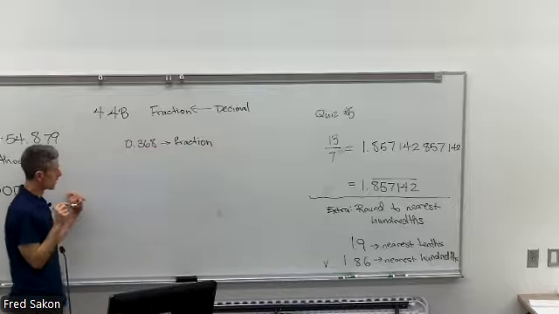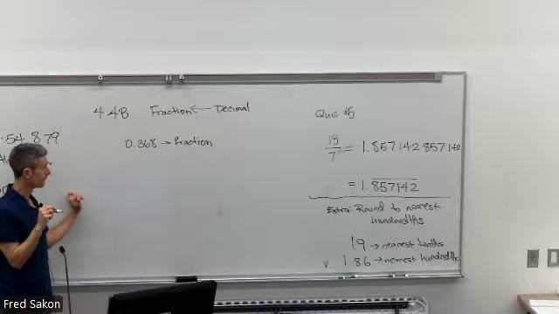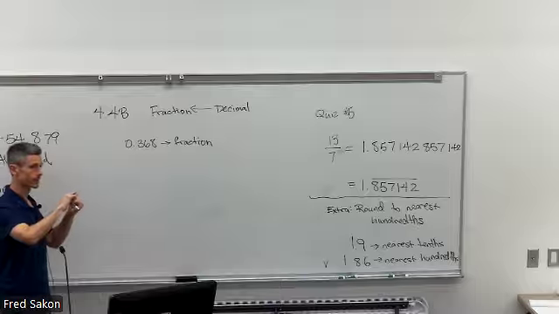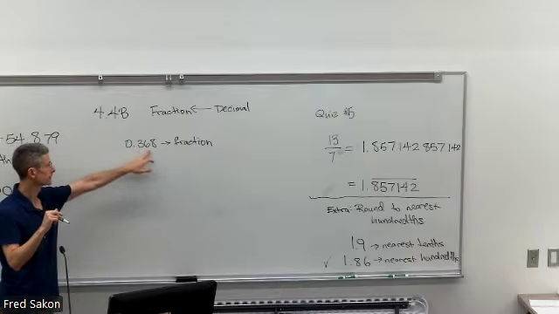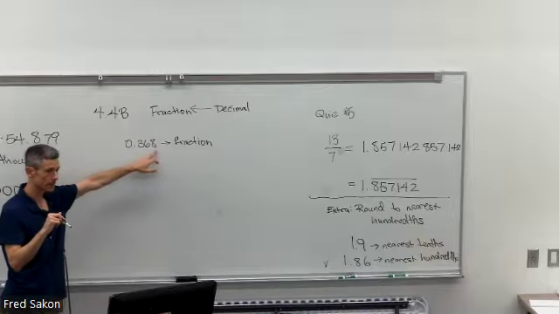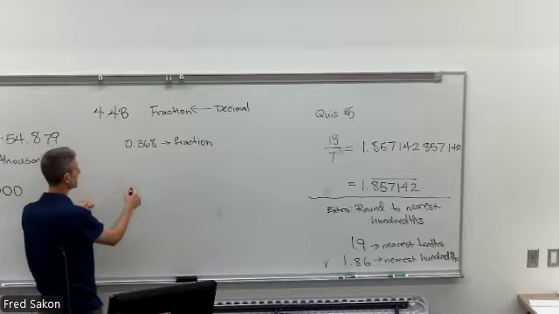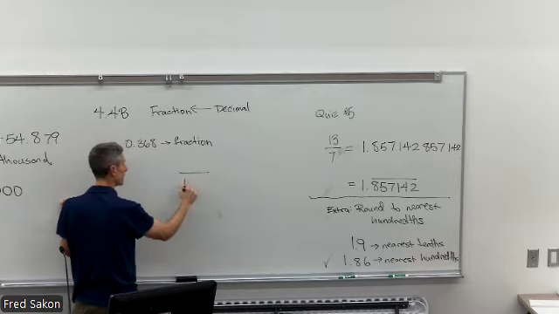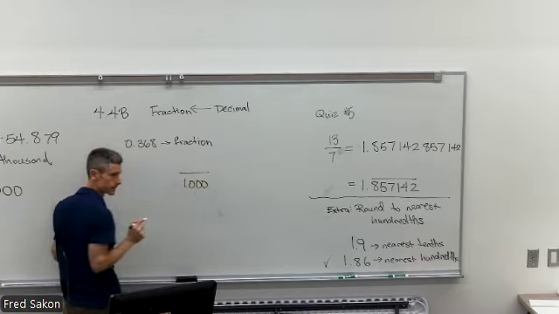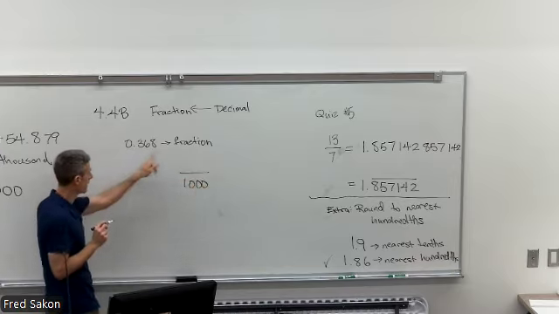Here's where our understanding of those labels really makes a difference. Tenths, hundredths, thousandths is the last decimal place represented here. So this is going to be a fraction in terms of thousandths.